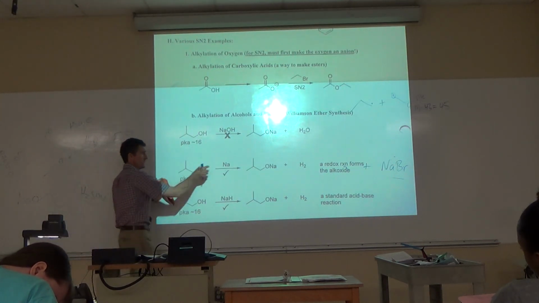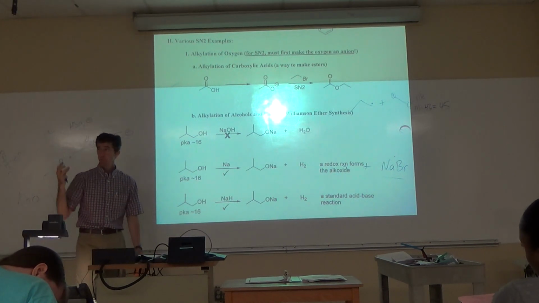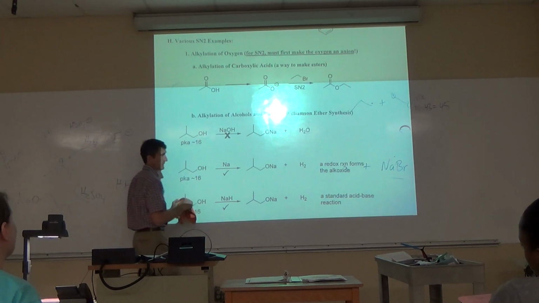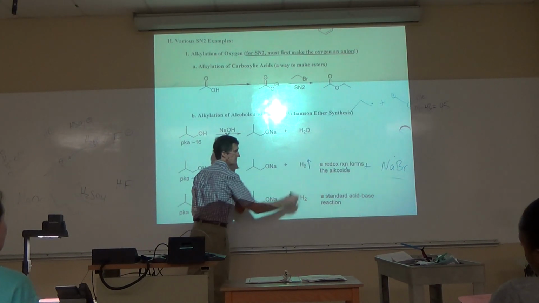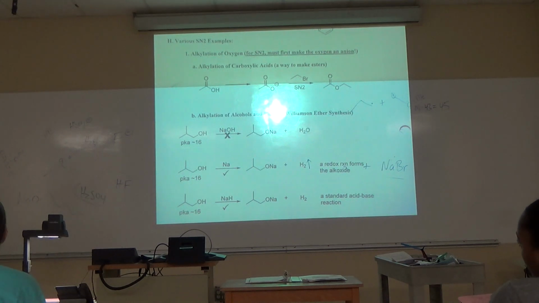If you take sodium and put it into an alcohol, it will start bubbling. What are the bubbles? Hydrogen gas. Put a balloon over the flask, the balloon will inflate, and the balloon will float away.